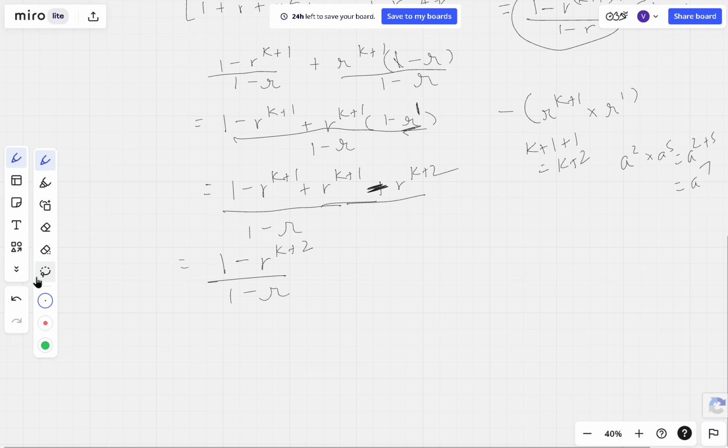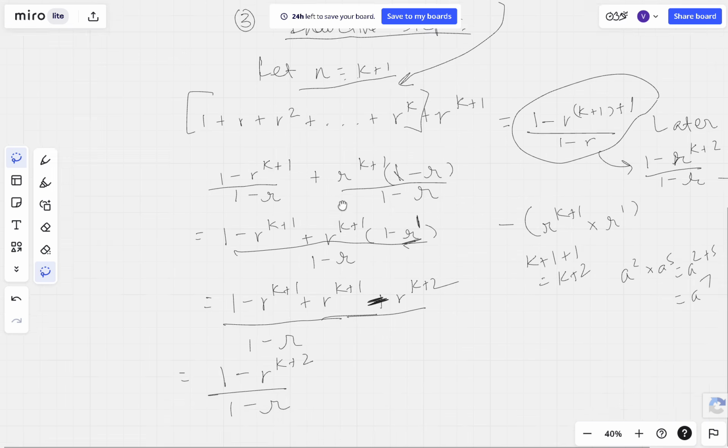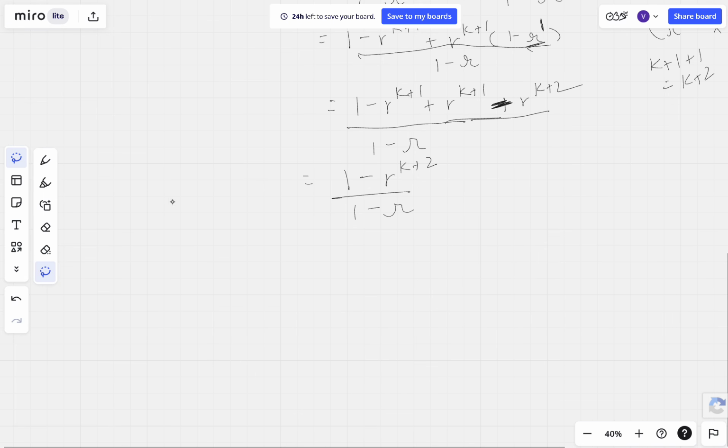Okay, we got this. Now, do you remember when I said later for this? Let's make this simpler: 1 minus r to the power k plus 1 plus 1. k plus 1 plus 1 is just k plus 2, divided by 1 minus r. This just means that this is the right hand side and this is the left hand side.